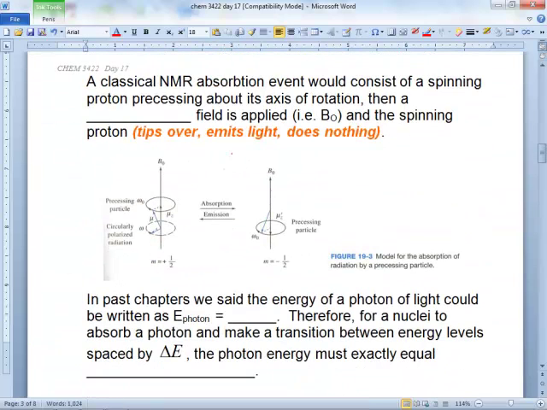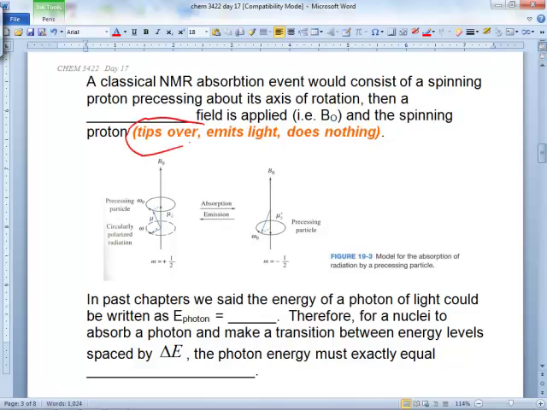A classical NMR absorption event would consist of a spinning proton precessing about its axis of rotation. Then a magnetic field is applied. They're going to call it B naught. Magnetic field. And the spinning proton does what, Ricky? It tips over. Yeah.